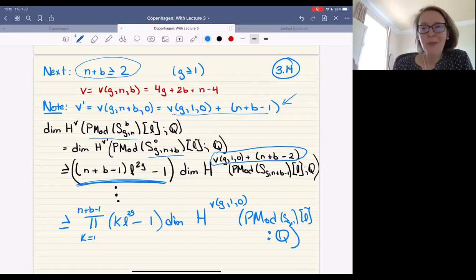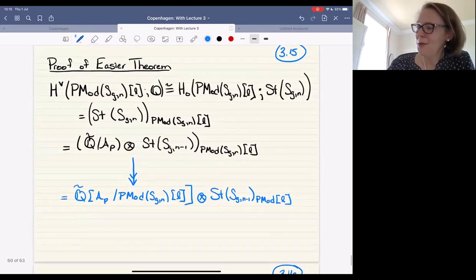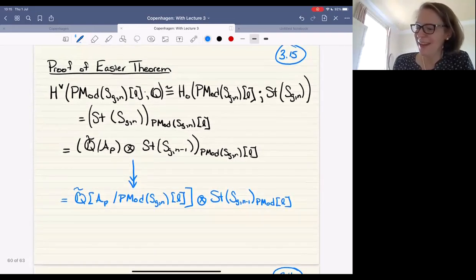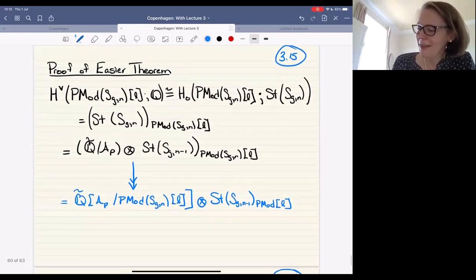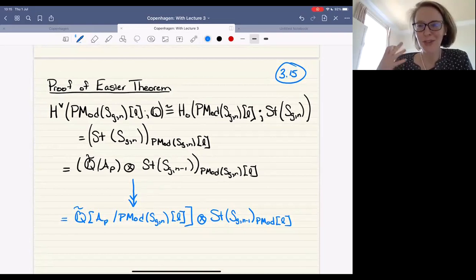So how do we prove the easier theorem? This is maybe where the hard part is going to be. It's not so bad, actually. When you start working on these kinds of calculations, you realize that once you prove one or two key lemmas, you're really just using the same results over and over again, trying to get as much mileage out of them as you can.